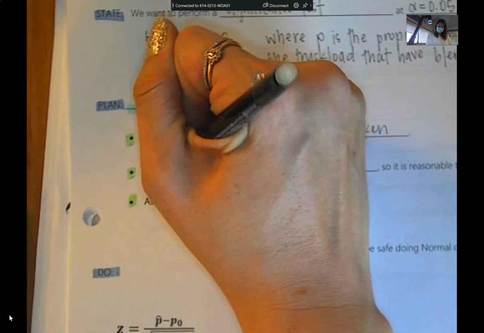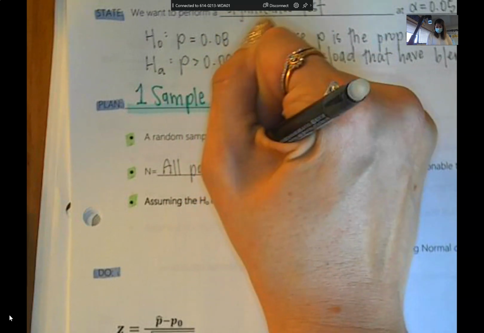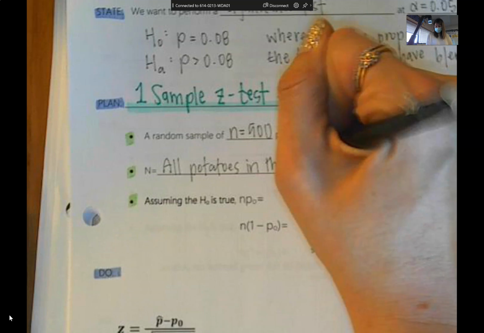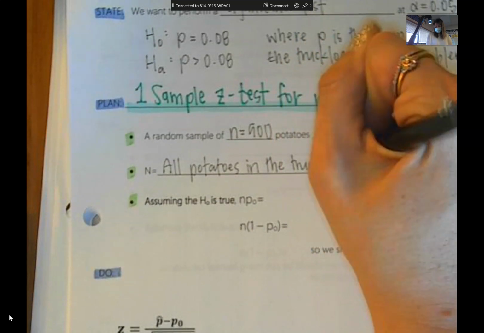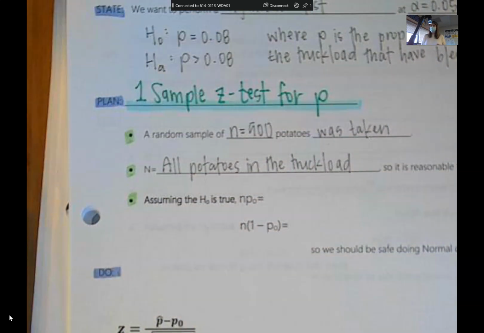N is all potatoes in the truckload. And I believe that we're talking like a semi-truck. So there's like thousands and thousands of potatoes in the truck probably.